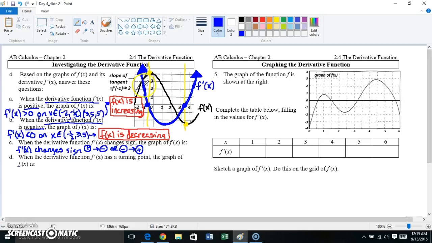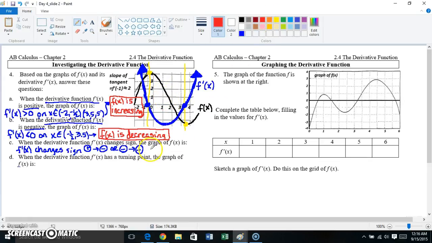Starting on the left, we start out with a positive derivative, then 0, then negative. So what has happened to our function when our derivative has gone from positive to 0 to negative? So changing sign. Well, our function was increasing, then it stopped increasing and became decreasing.